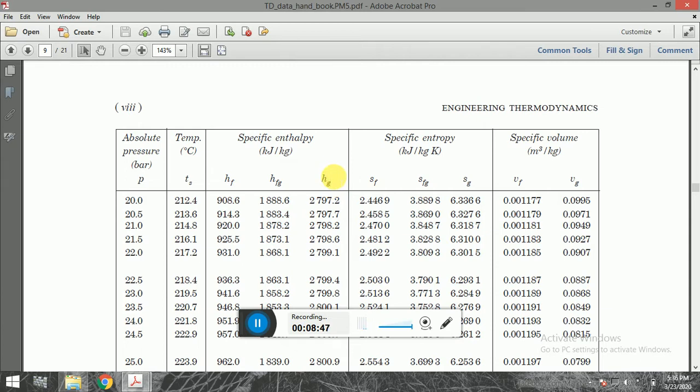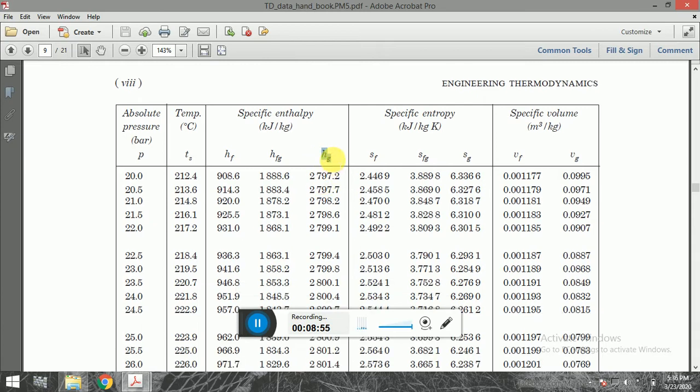Whenever it is completely a saturated vapor, the enthalpy value becomes equal to Hg because it is completely in vapor form. So we can directly note down the H value: H3 is equal to Hg.